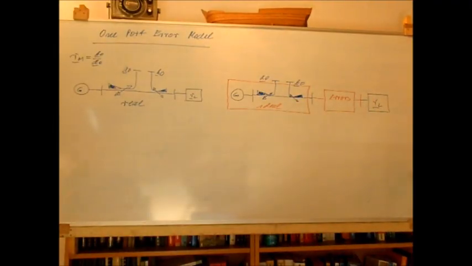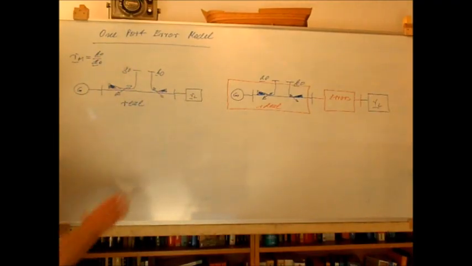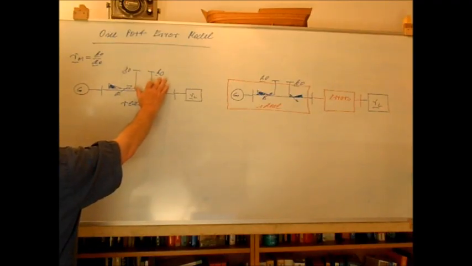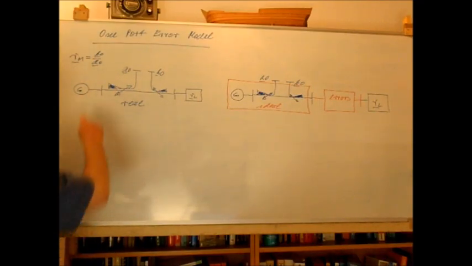I want to discuss now with you the so-called one-port error model. So I sketched here a real reflectometer. I omitted the one-wave transmission line, and I assume that I can measure B naught and A naught, and we define the measured reflection coefficient as B naught over A naught.